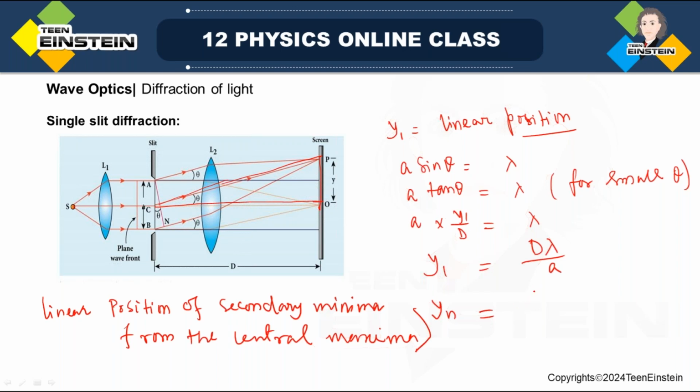This is yn. If we generalize, we will have n lambda into D by a. Okay, this is the general one.